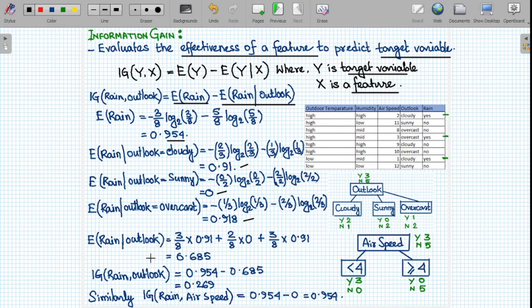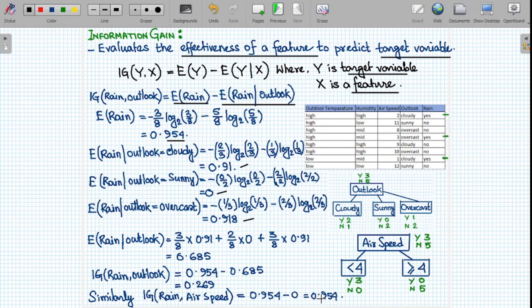Similar to outlook, our decision tree algorithm evaluates the information gain on rain column with outdoor temperature, humidity and airspeed to evaluate and understand which column to choose as root column. If you evaluate information gain on rain column with airspeed as an exercise, you will see the value will be higher than the outlook column.